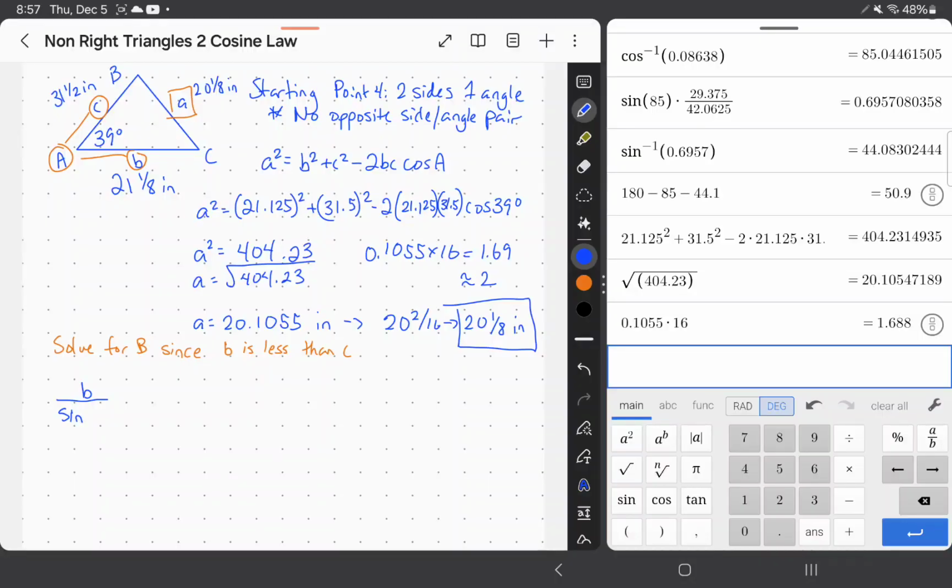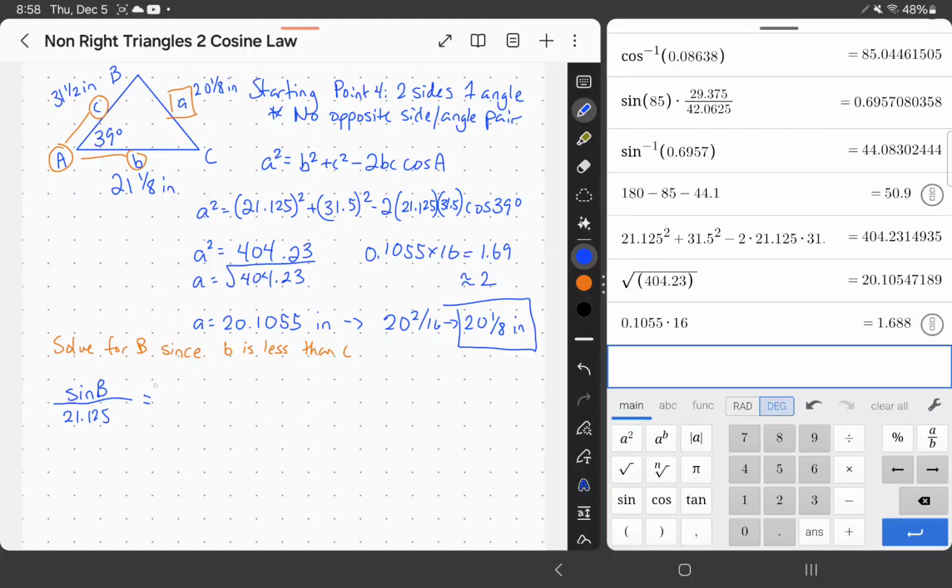So B over sine of B, or no, we're going for angles. We have side B, so I'm going to put sine of B in the top, and side B is 21 and an eighth, which is 21.125. We're going to compare that to our angle-side pair because we have both.